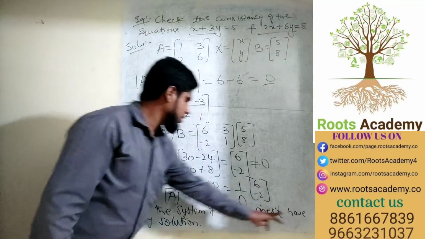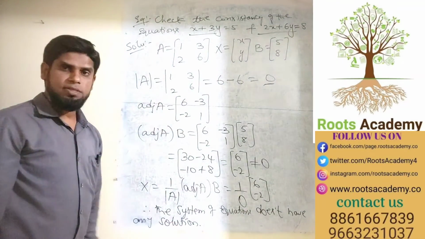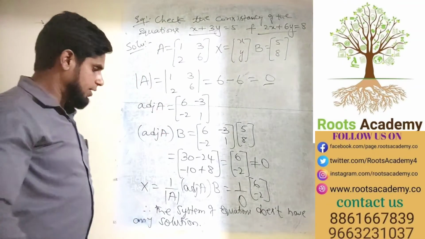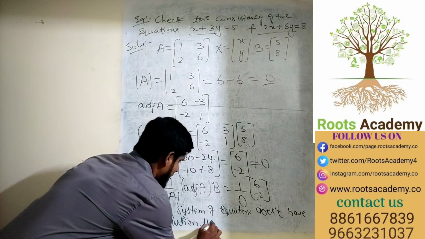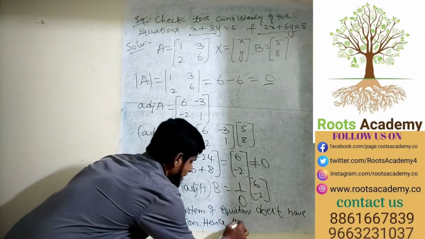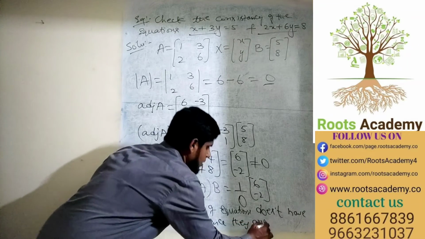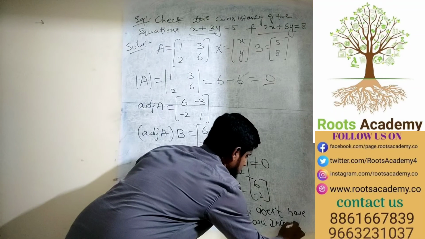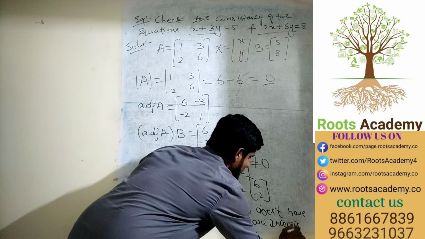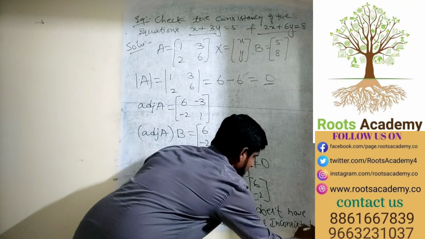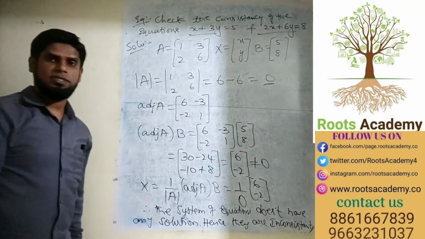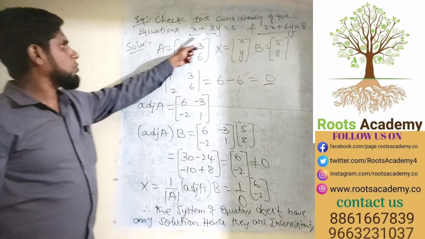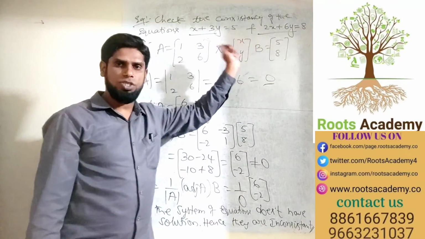Does not have any solution means the given system of equations is inconsistent. Hence, they are inconsistent. They are inconsistent because these two equations don't have any solution.